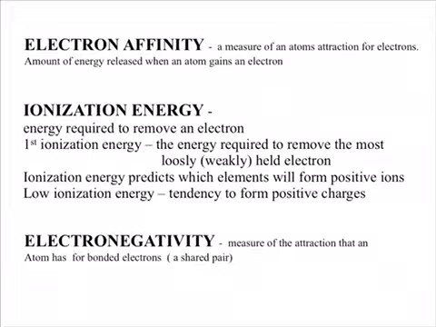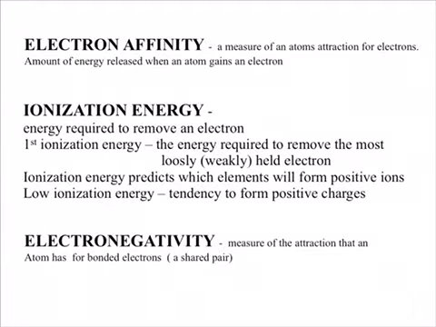If it's really easy to take an electron away from an atom, which is the case for metals, we know that what do metals do? They give away electrons. So if it's easy, which means it doesn't take a lot of energy to remove that electron from an atom, then it has a low ionization energy.